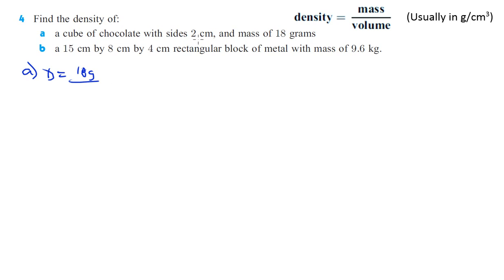The volume of a cube with 2 centimeter sides is just 2 times 2 times 2. So our volume is going to be 8 cubic centimeters. So we take 18 divided by 8 cubic centimeters, and that will be our density.